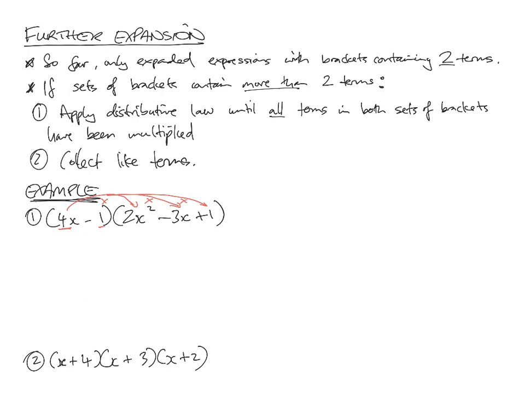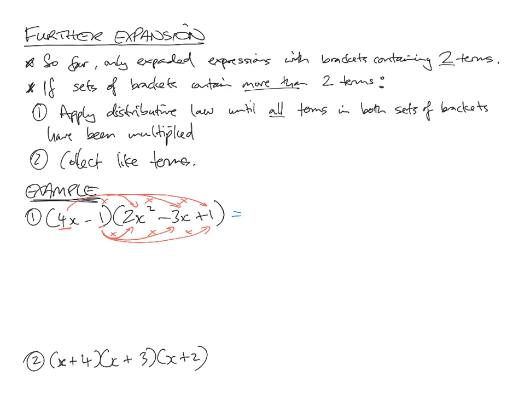And then after that, the second term needs to be multiplied by the first, multiplied by the second, multiplied by the third, and then you are done. Multiplication, and then you need to collect like terms or add them all together. Alright, so let's see that in action.